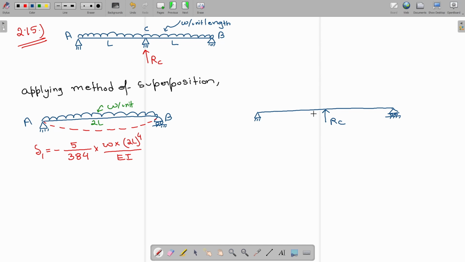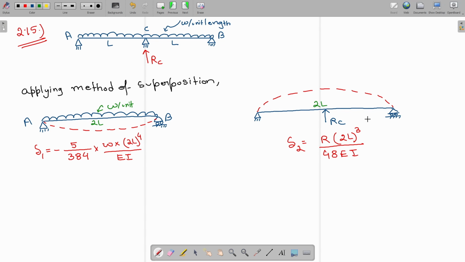Due to this load RC, the beam will deflect like this, a hogging deflection in the upward direction, given by delta 2 equal to R into 2L whole cube by 48 EI. The length of the beam is 2L.